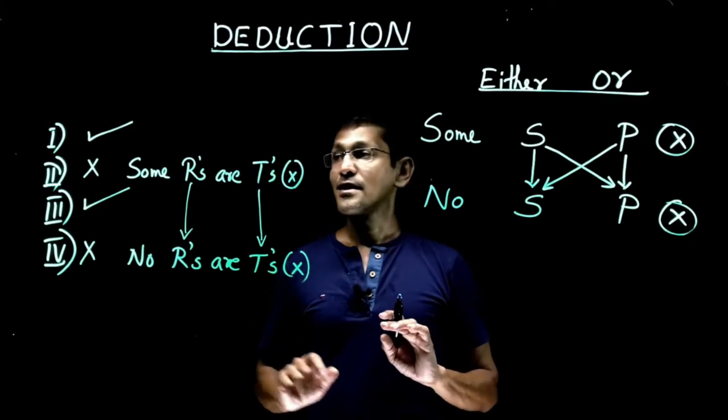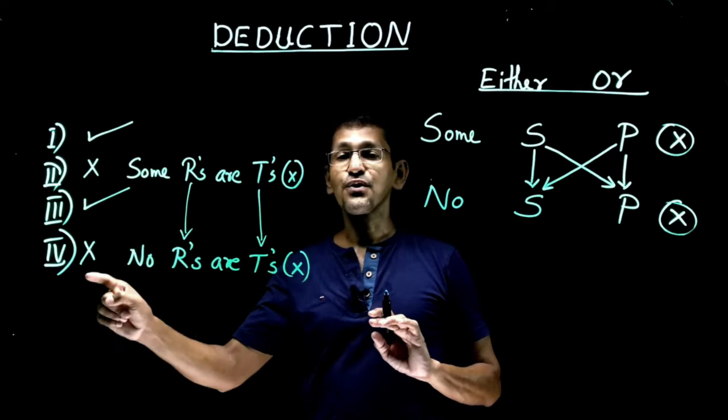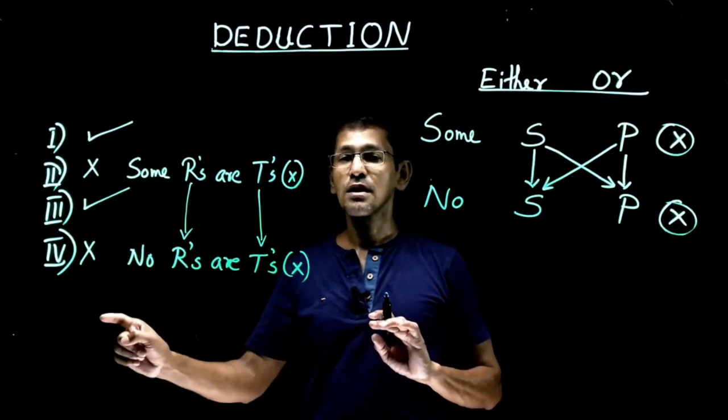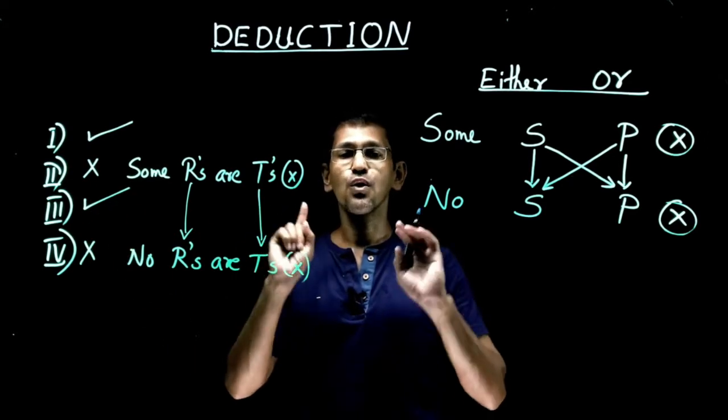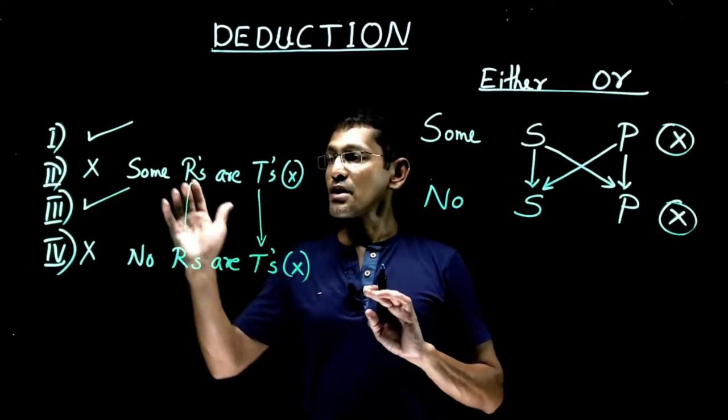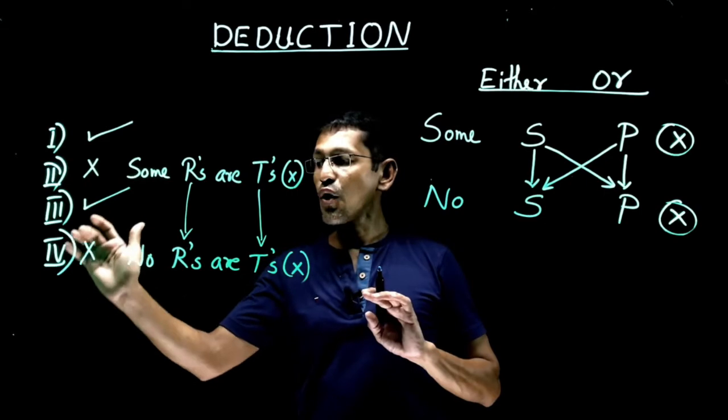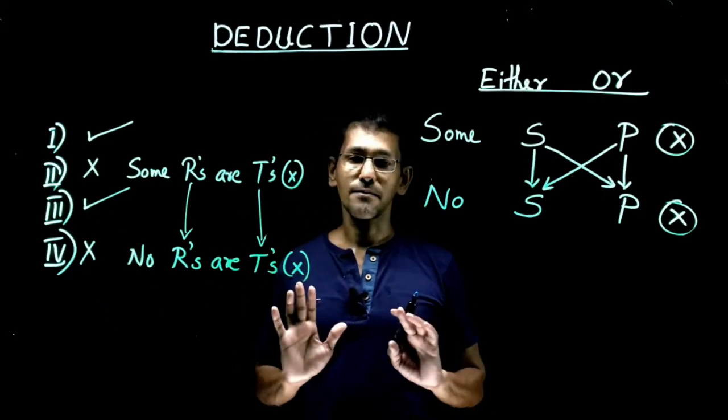Alright? Now what would be the final answer for this question? Conclusion number 1 and 3 follow. At the same time, we know that either 2 or 4 follows as well.